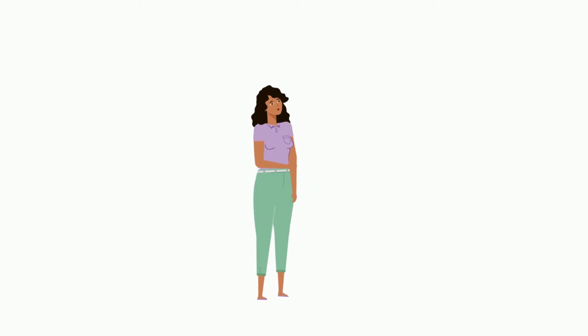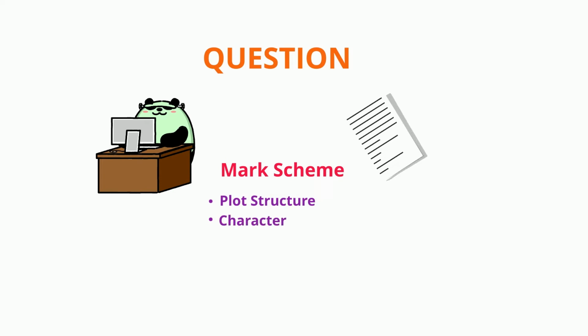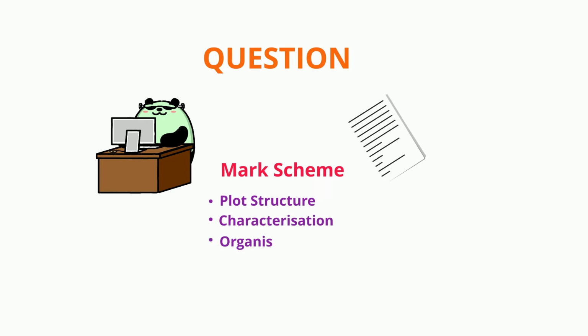At this level, your main challenge is to use a picture or a word prompt question to create an engaging short story which will be marked for its plot structure, characterization, organization, and effective use of language.